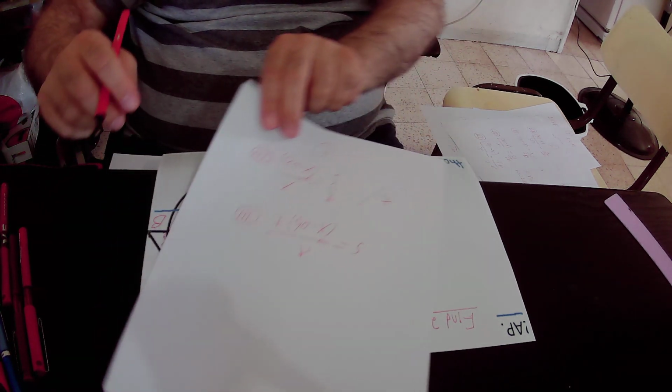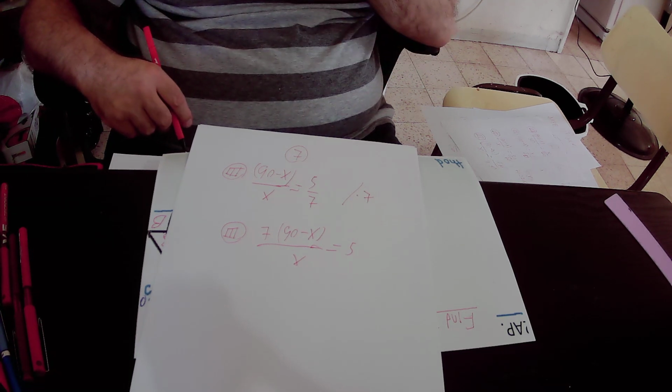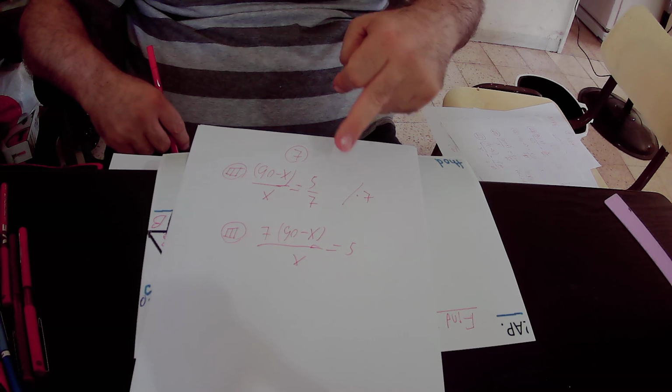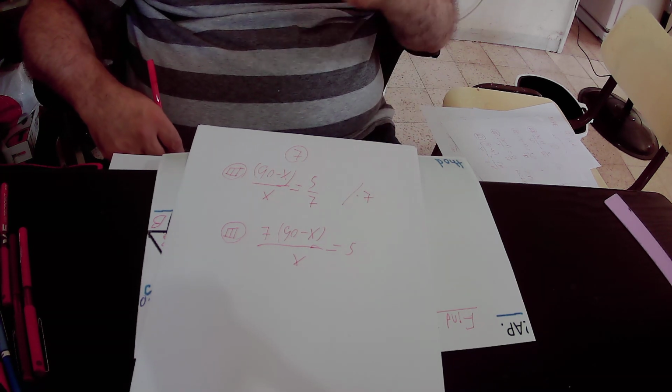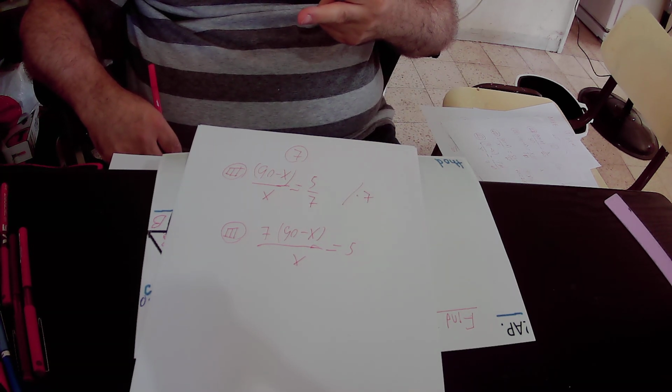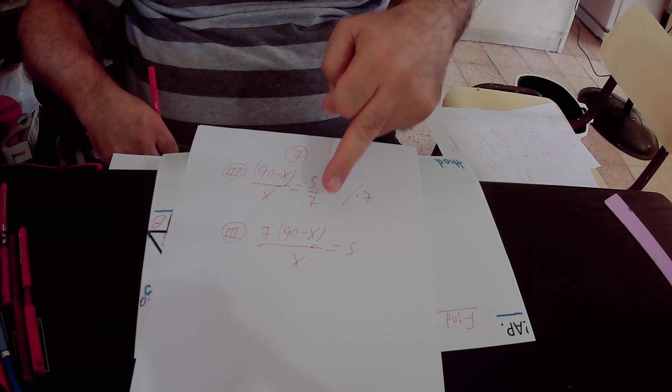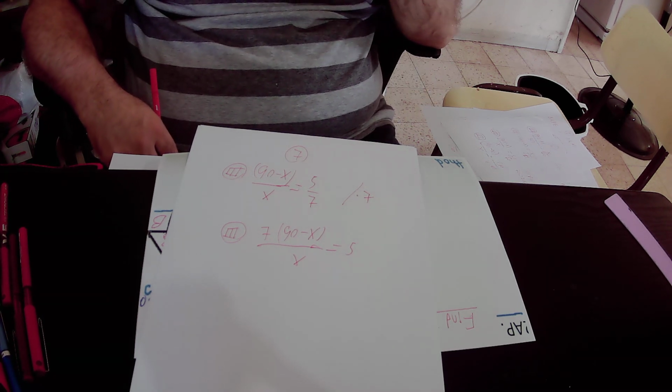Again, 5 divided by 7 times 7 equals 5, and 90 minus X over X times 7 equals 7 times 90 minus X over X.